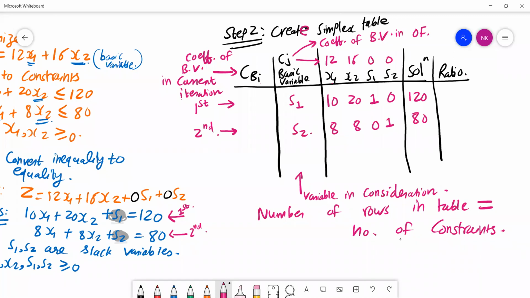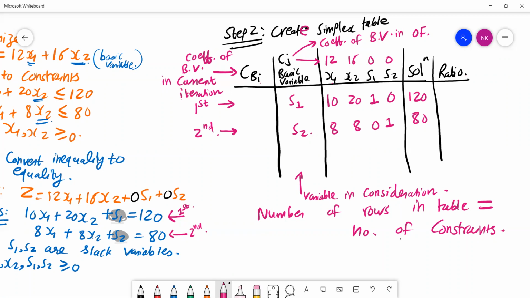That means you will always be considering whatever slack or surplus variables you have used in your objective function or constraints. So in your mathematical model, whatever slack or surplus variables you have considered, you will write in this second column.